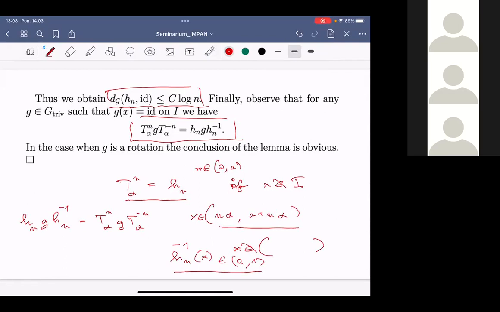If it is in this set, we obtain here that this function g is identity over there. So this formula is equal to hn identity hn inverse, identity hn.